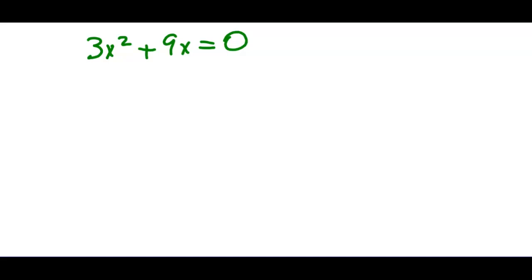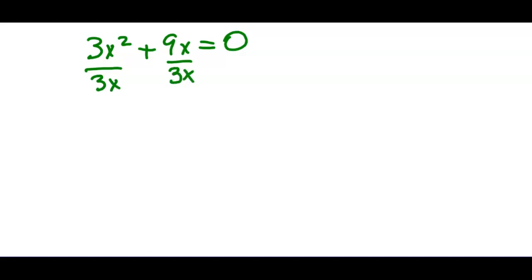When it's equal to 0, we have to go one step further. We need to do the zero product property. So we have to factor this and then do the zero product property. We need to factor this one using our greatest common factor. In other words, what do both of those have in common? What can I divide both of these by? 3x. Exactly.